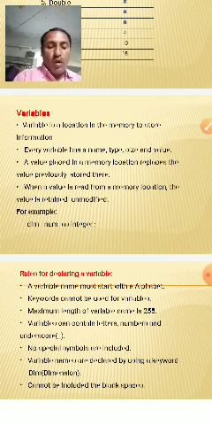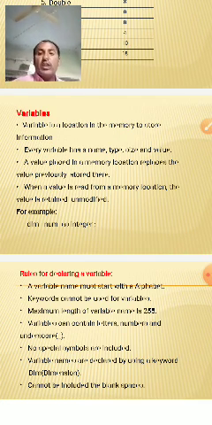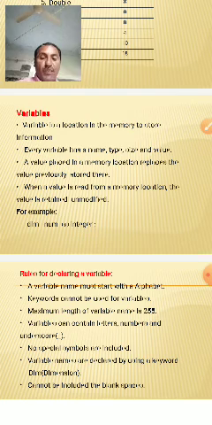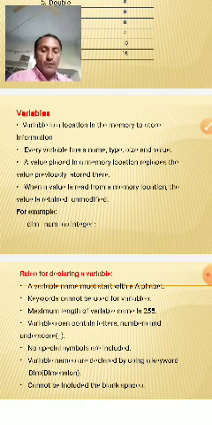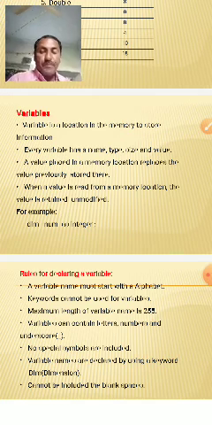There are three components that define a variable. Number one, the variable's name, allocated in memory.